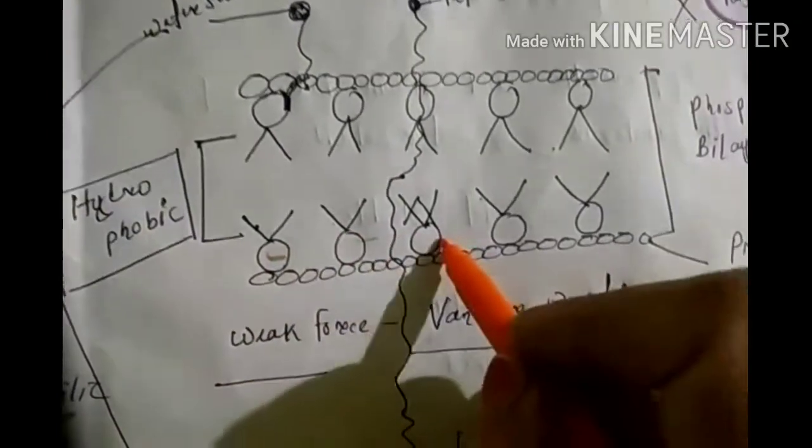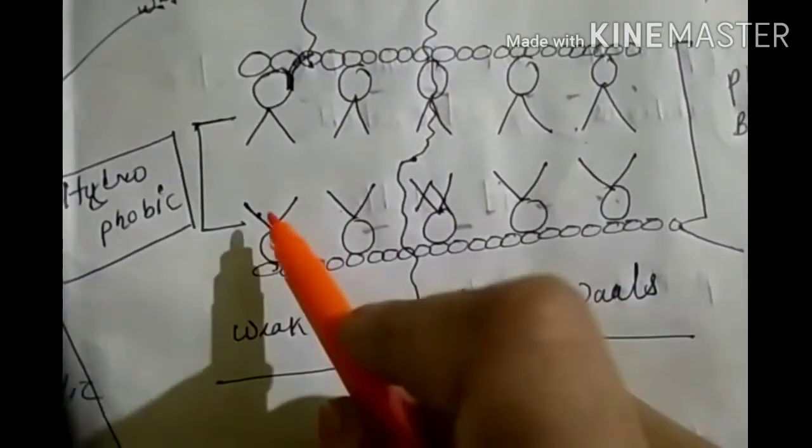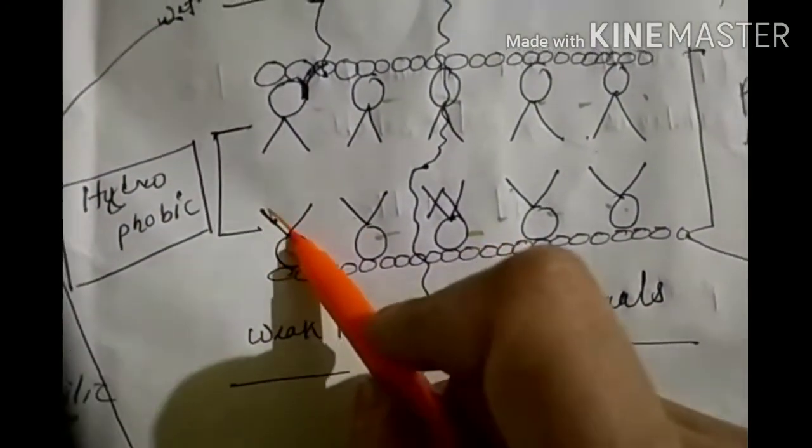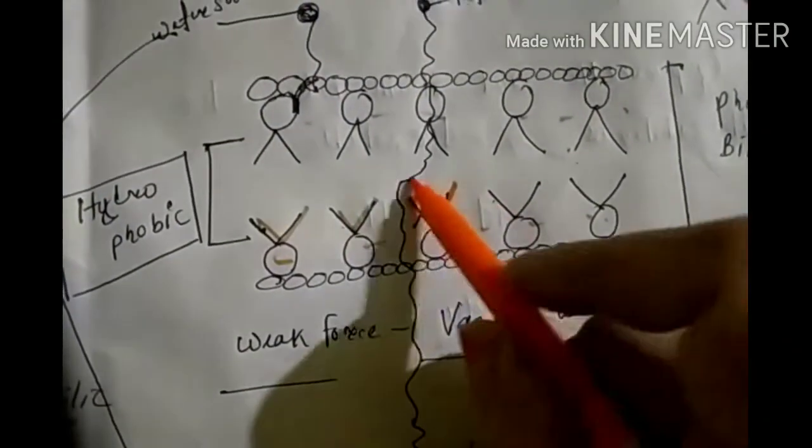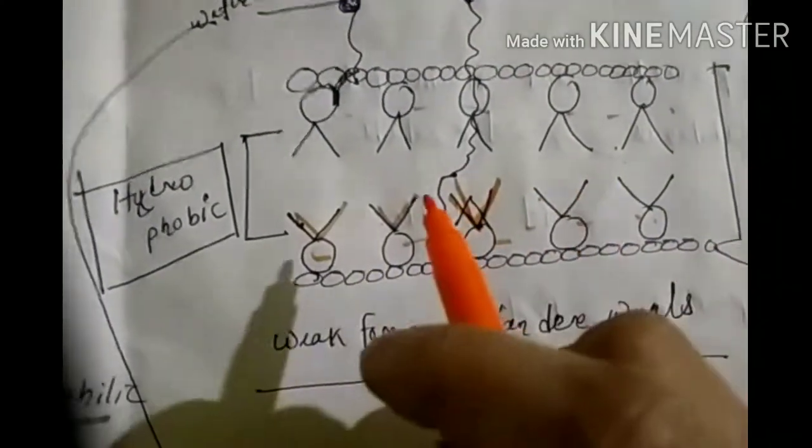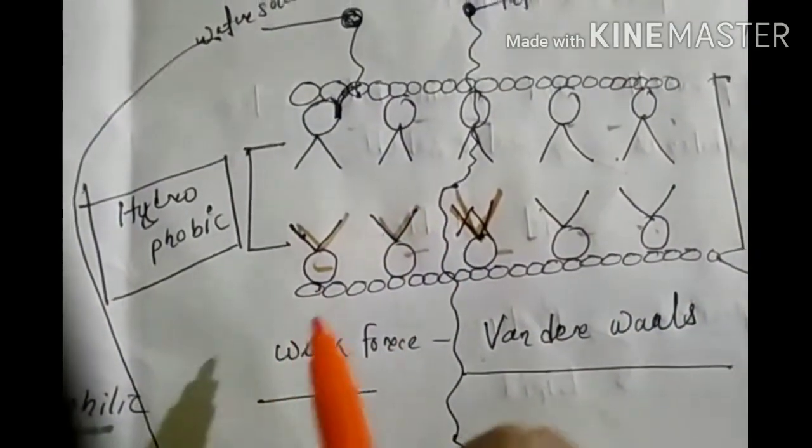So, these are phospholipids. Here there are phospholipids, and there are also phospholipids, and we can see this is the fatty acid chain, right? There are the fatty acid chains. As they describe, it is a sandwich model.